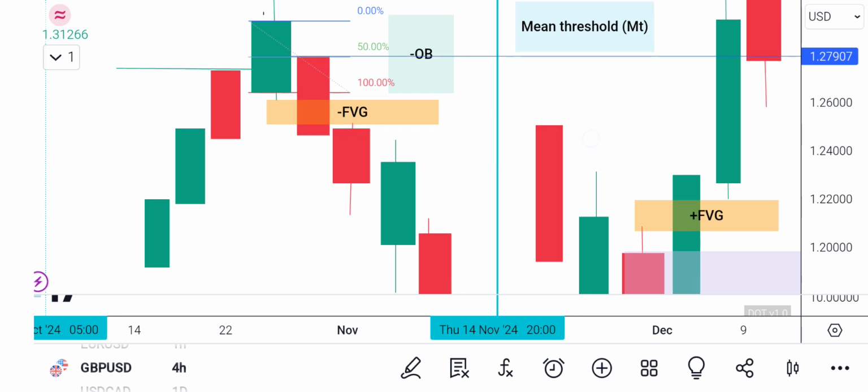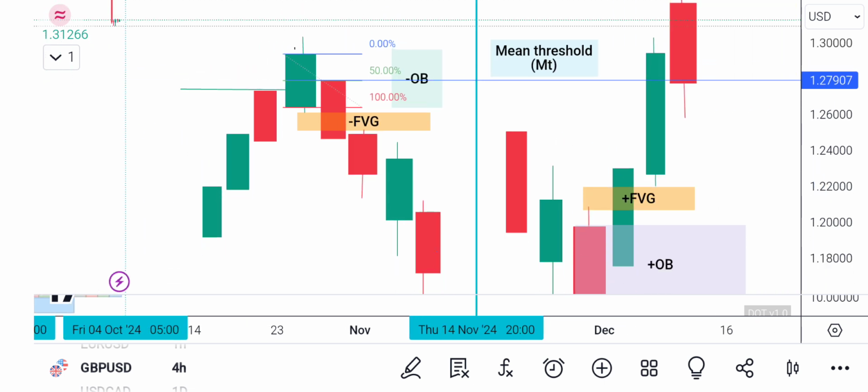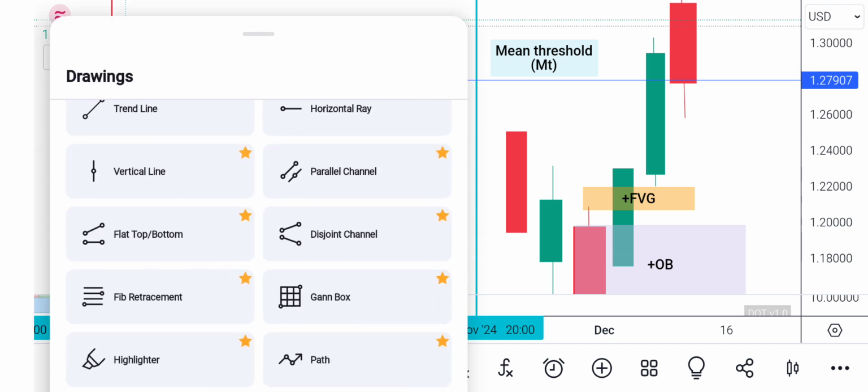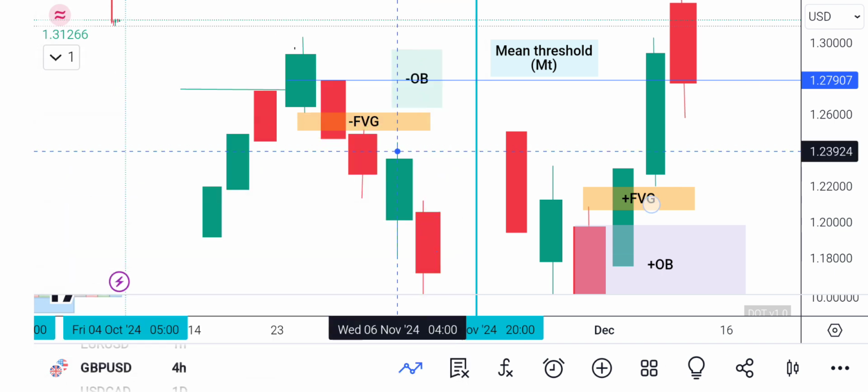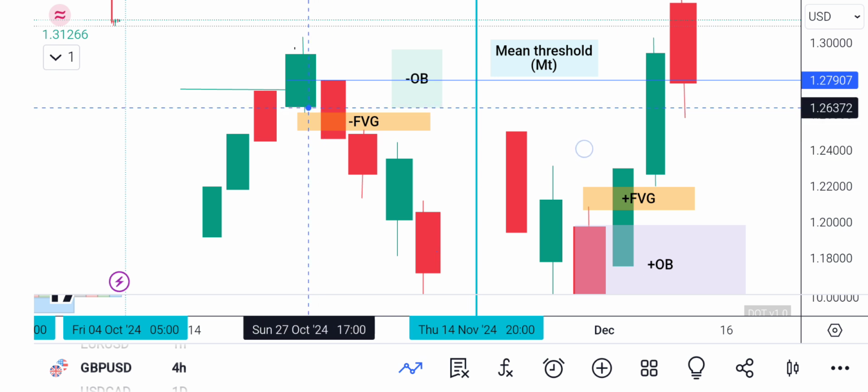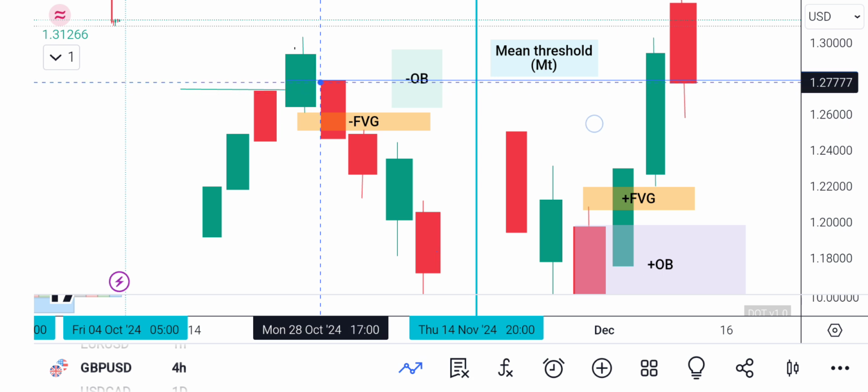Sometimes the market will just come and hit the low of an order block and then sell off. The sensitive areas are the open of this order block, the lower quadrant and the upper quadrant.